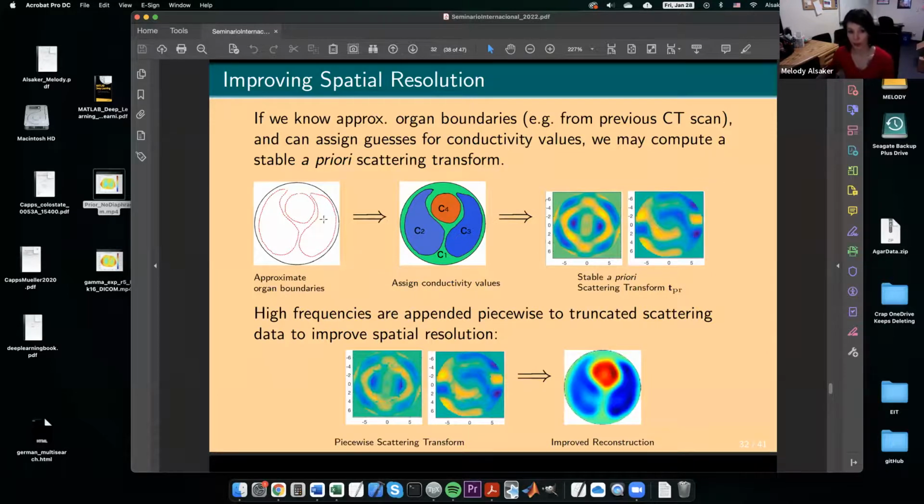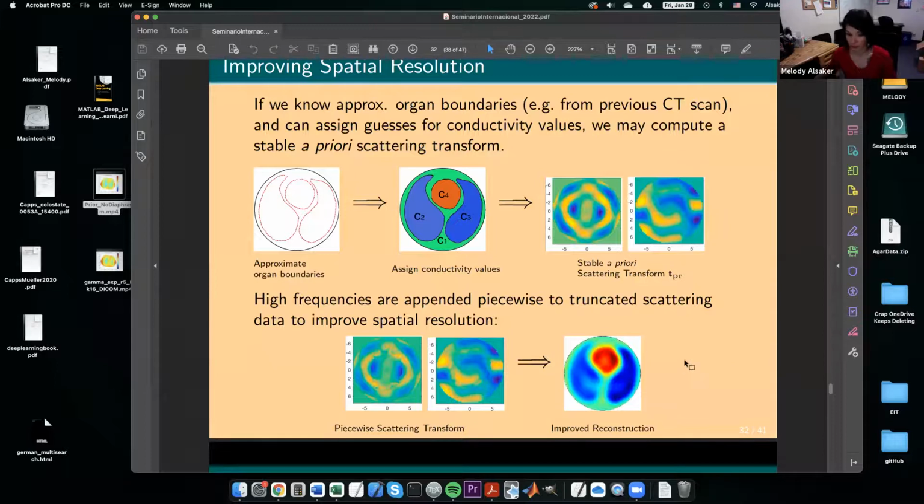So if we know some approximate organ boundaries, maybe from a previous scan, we can assign guesses for conductivity values, and then we compute a stable a priori scattering transform from that. And we can take the high frequency information from that a priori scattering transform and append it onto the outside of the scattering transform computed from the measured data. And we get this improved reconstruction with sharpened boundaries now.